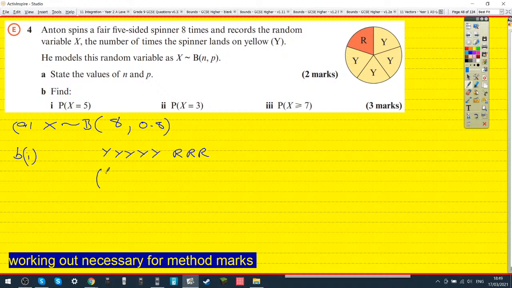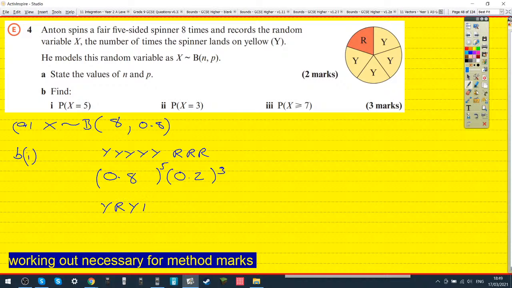Slow down. Okay, probability of 5 yellows, probability of 3 reds. 4/5 to the power of 5. Yeah, I'll write it as 0.8 to the power of 5. And the other one? 1/5 to the power of 3. However, there are many different combinations.